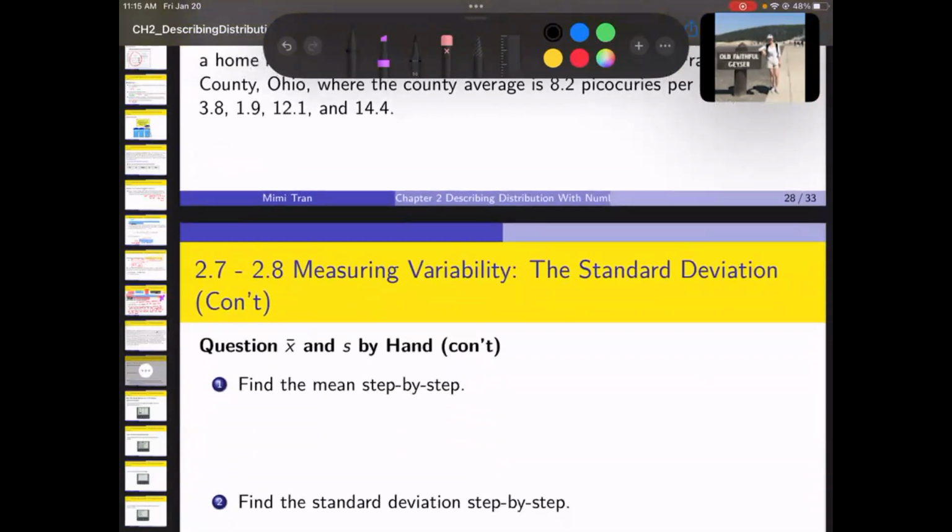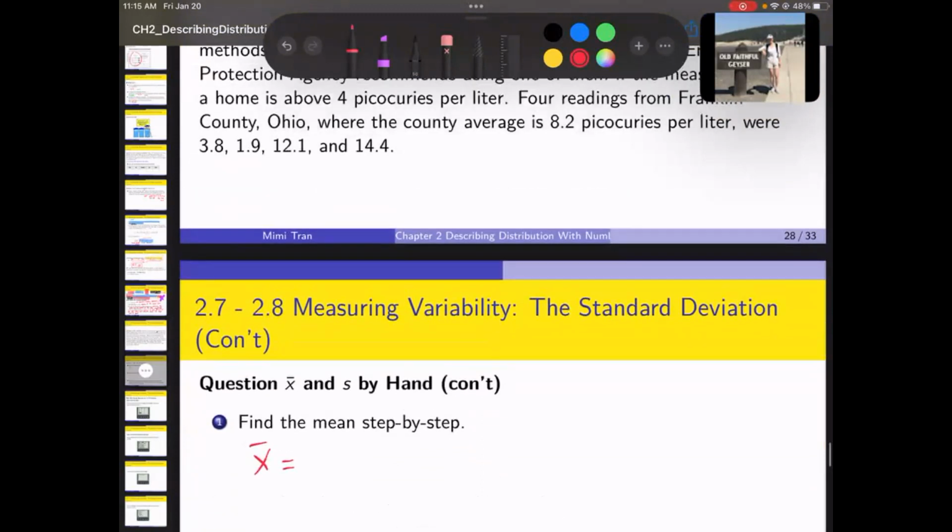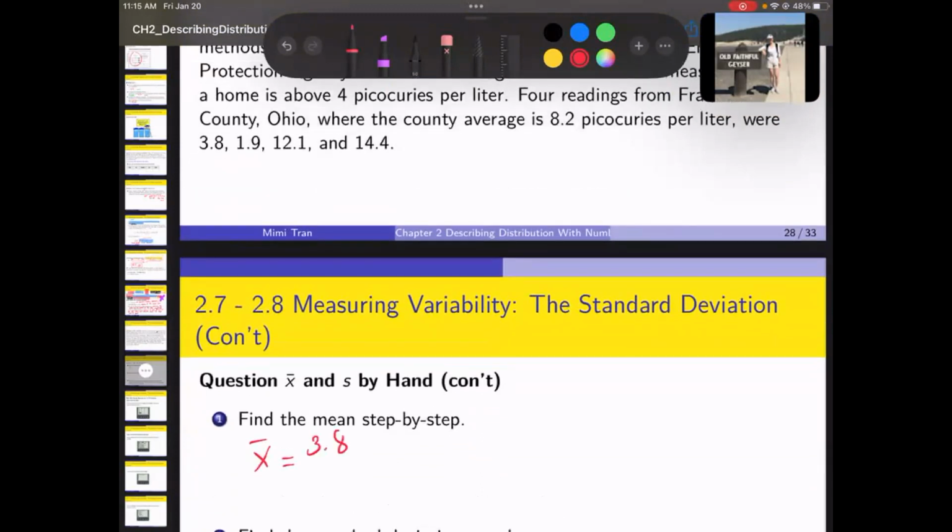First step, you need the mean, right? So x bar. Add them all up, divided by 4.